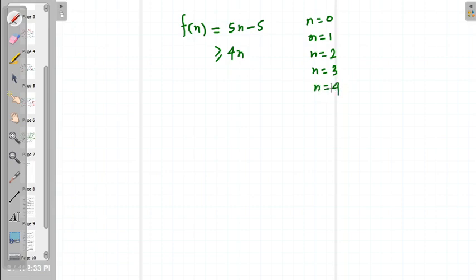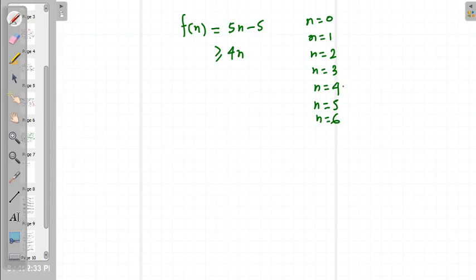n equals 4, so this is 16 and this is also 16. And n equals 5, this is 20 and this is 20. n equals 6, so this is 25 and this is 24.